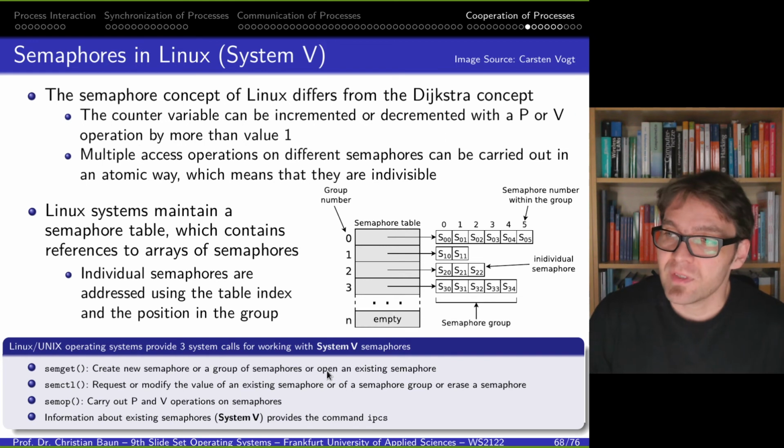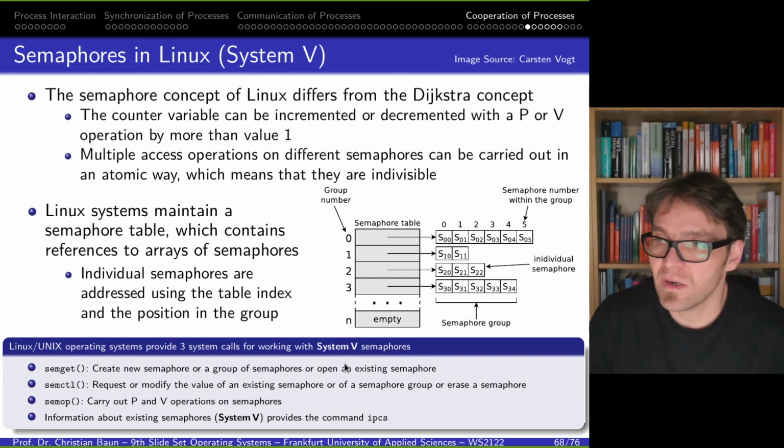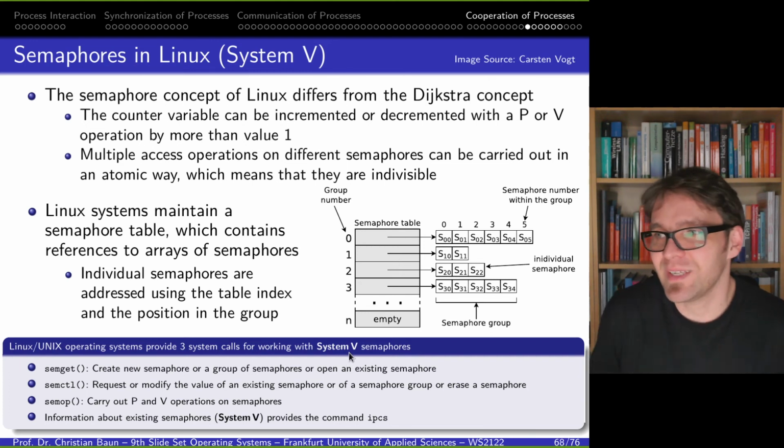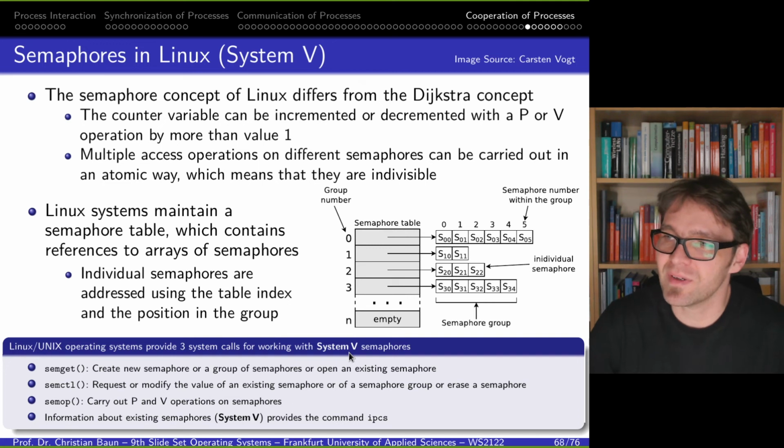We have 2 different sorts of implementing semaphores, and here it's basically the same as when we talked about shared memory and message queues and so on.